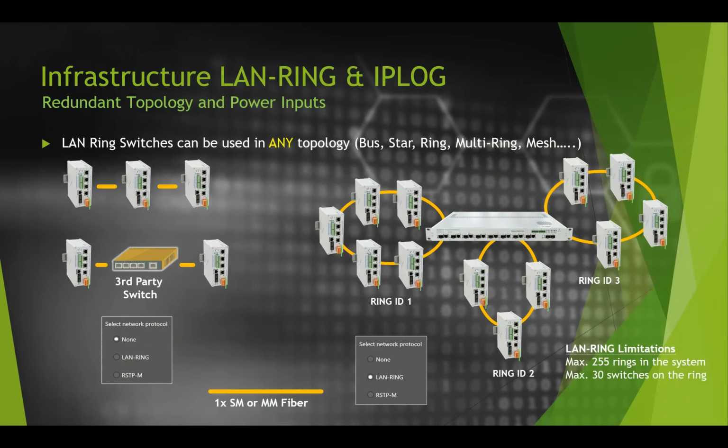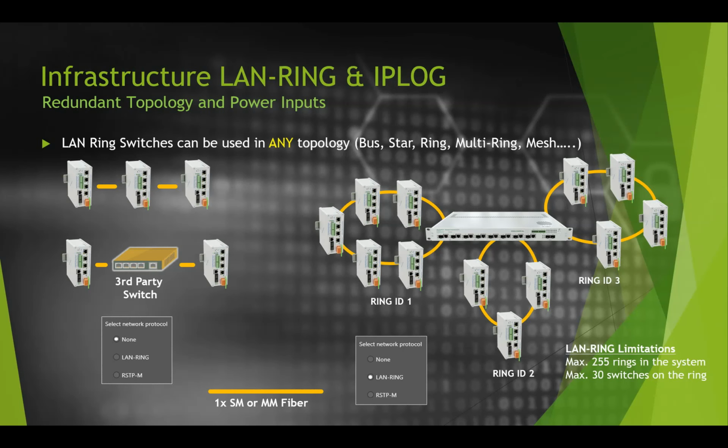You can use LAN ring switches in a number of topologies such as point-point, bus, star, ring or mesh. There can be up to 255 independent rings in one system. As mentioned on the previous slide, optical rings are the most efficient in terms of switching speed. We recommend connecting a maximum of 30 switches to them.